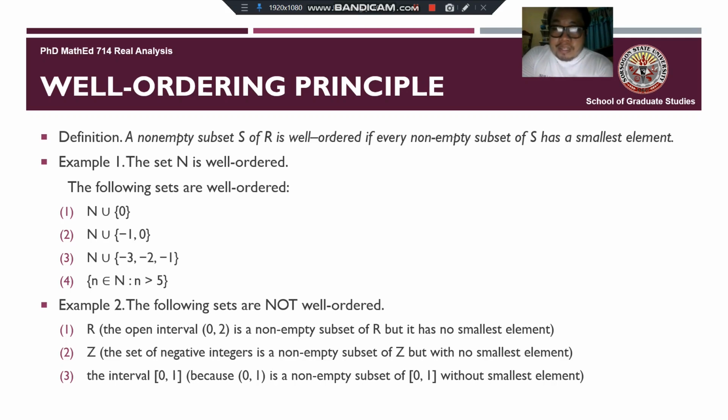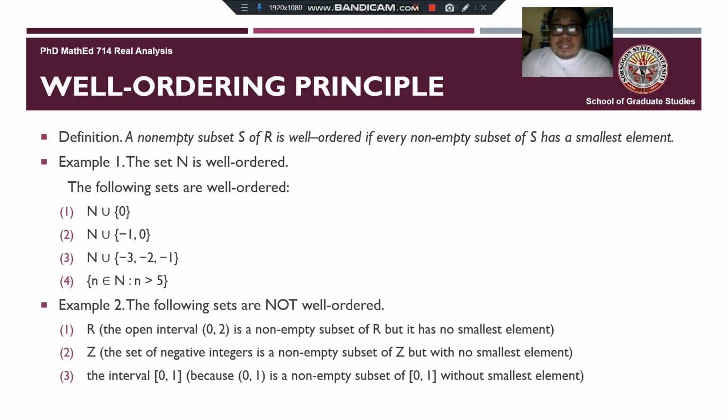Then lastly, we have the closed interval 0 to 1. Why closed? Since you have used here a pair of brackets. Although that is not well ordered. Why? Since it contains a non-empty subset, which is an open interval from 0 to 1. This is similar to the open interval that we have considered on number 1, having the set of real numbers.